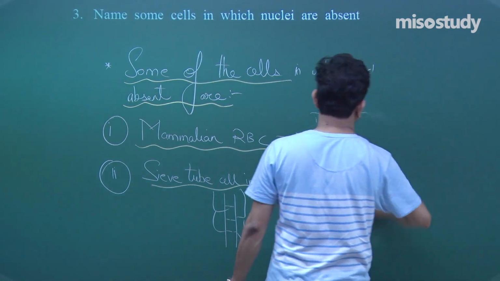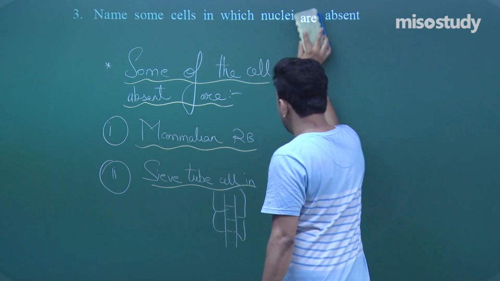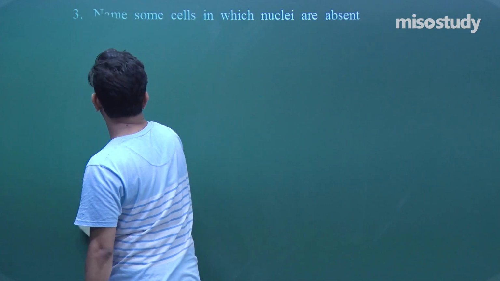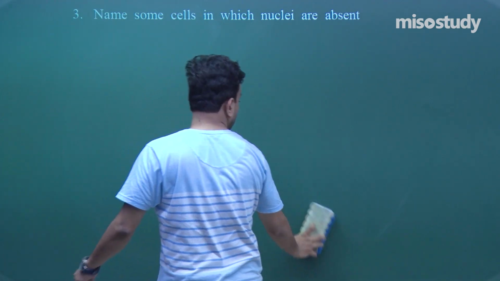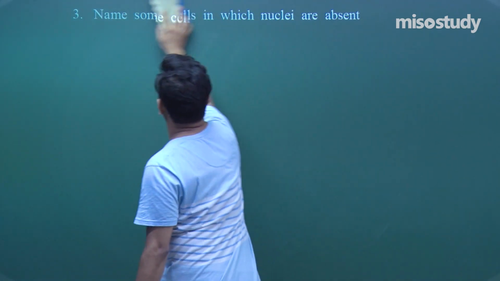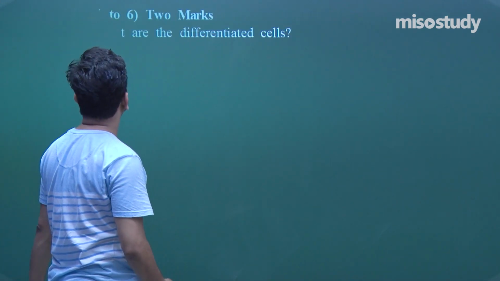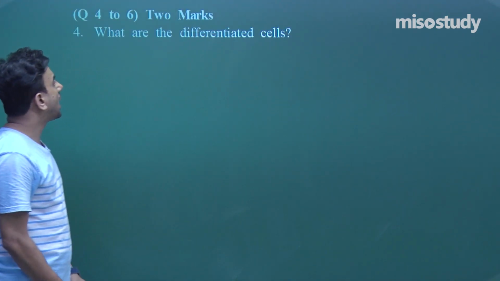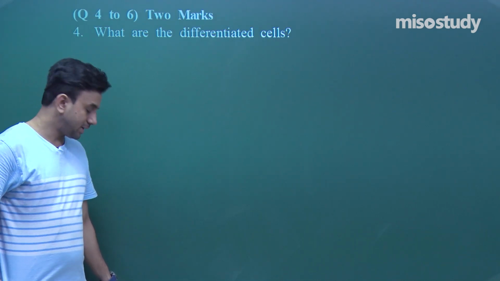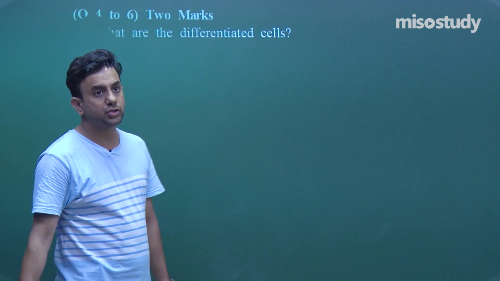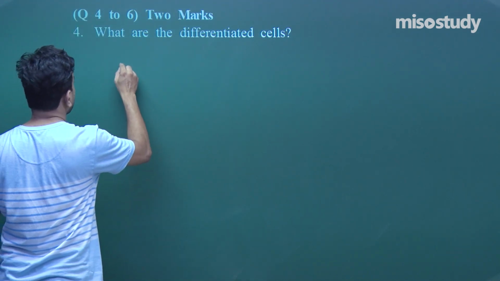So then what will we see next? What are the differentiated cells, right? Here you need to understand 2 or 3 concepts which will be very important.